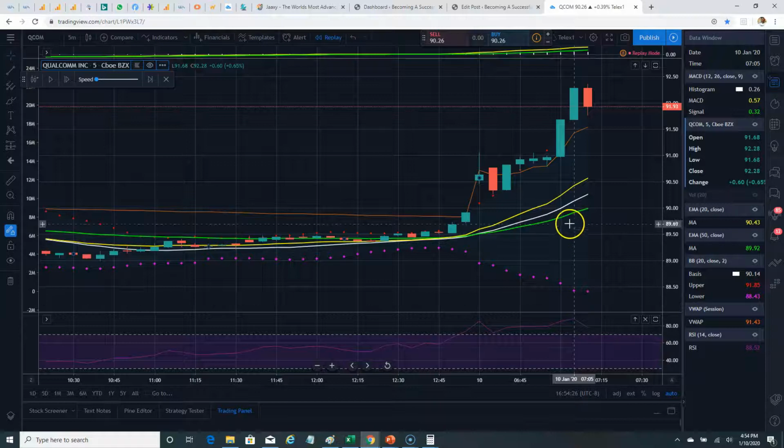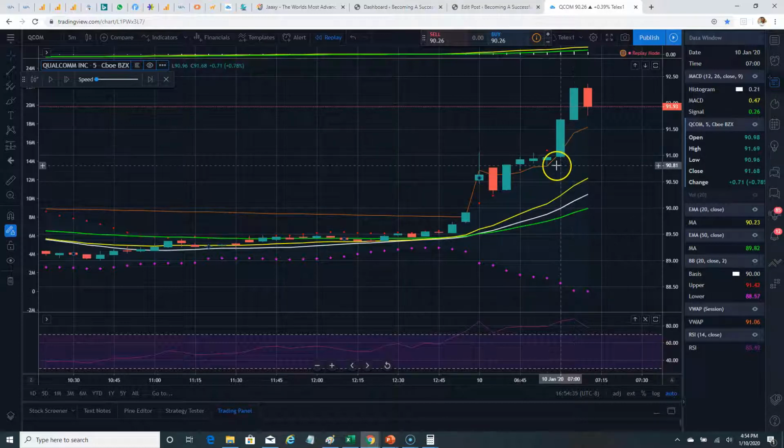These two candles are each a 5 minute interval. So within 10 minutes, Qualcomm went from 91 to the high here, which we can read again on this window, 92.28. So at 7:07, that was my trigger to make the entry for this.